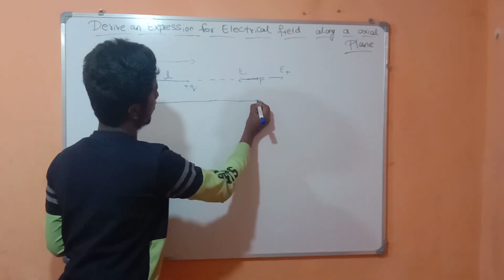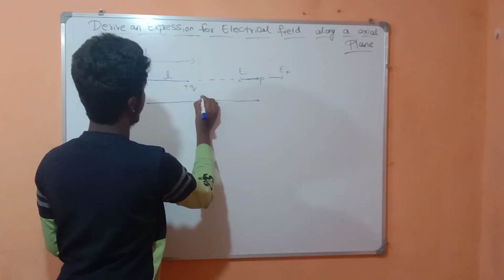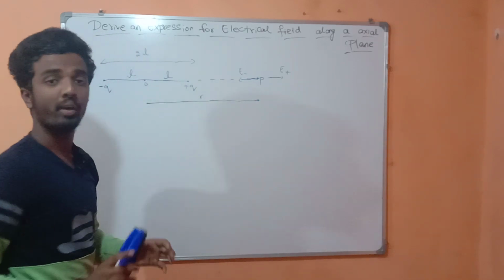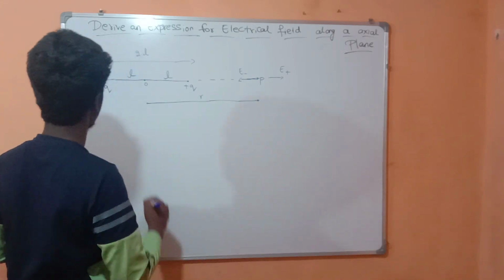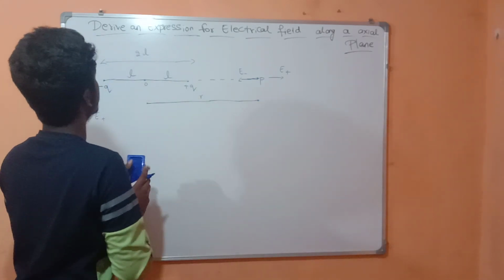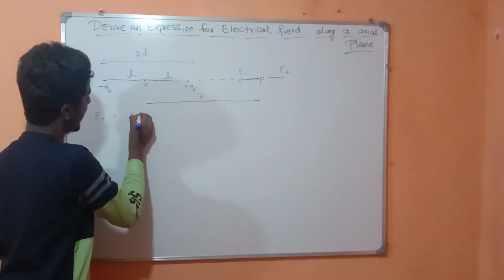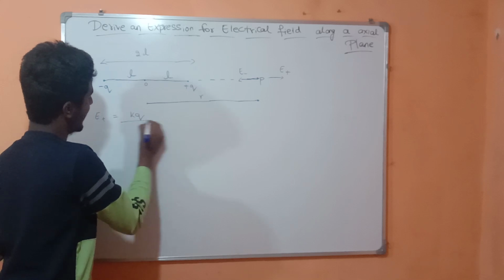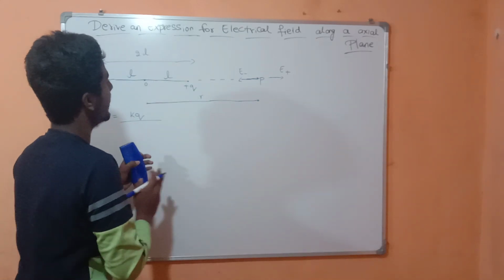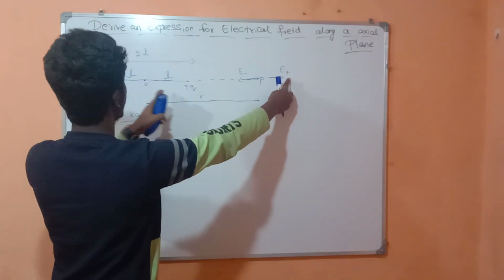children. Let me consider it as R, children. We have to find now E plus. What is E plus? E plus means K times charge divided by the length from here to here, children.